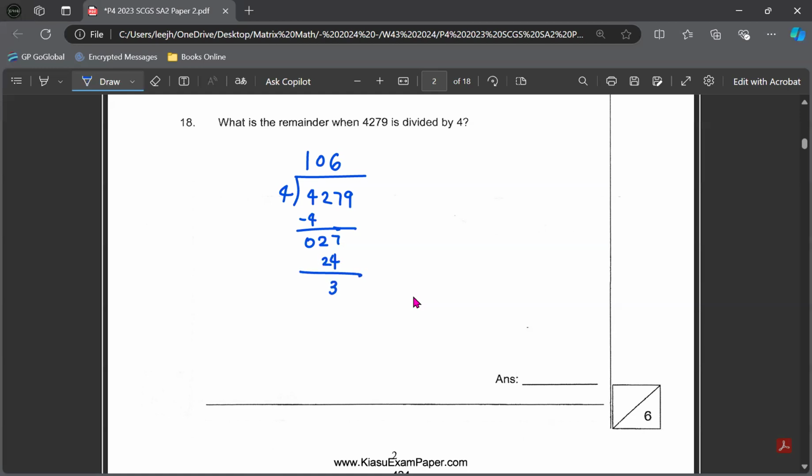So this is 3, bring down the 9. 39 divided by 4, nearest is 9 groups because it gives us 36. Remainder 3. What is the remainder? Your answer is 3. Don't write 1069. I just want the remainder. So you must write 3.